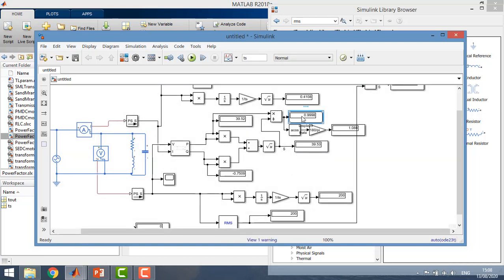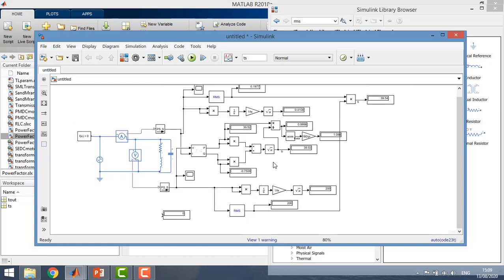We can see that the power factor is very close to unity. Theta is close to 0. The apparent power is reduced due to the large reduction in the reactive power. So this is for single-phase circuits.